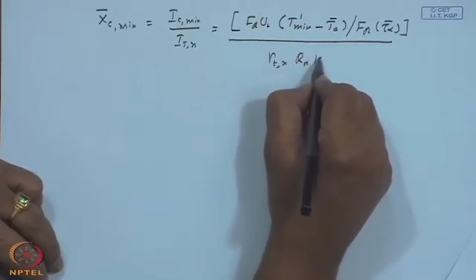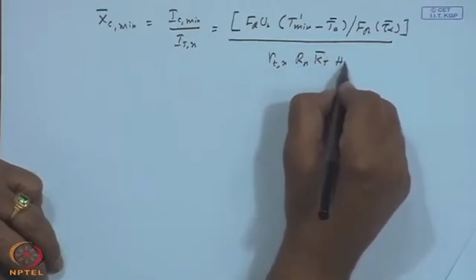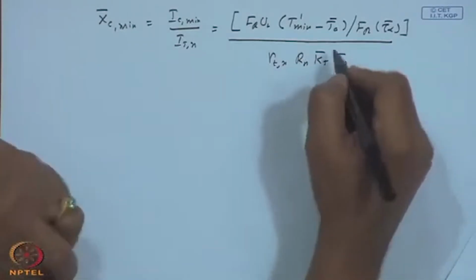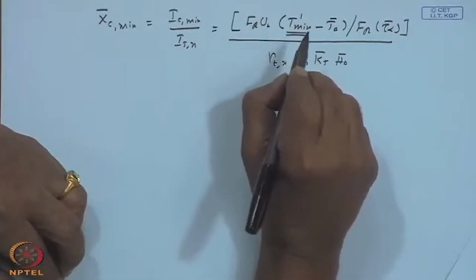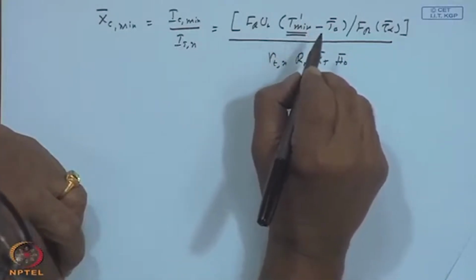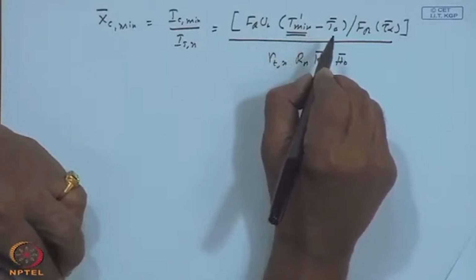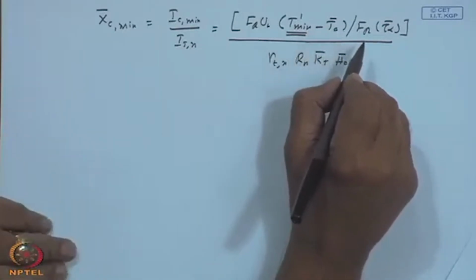This is nothing but the same previous definition, except I am replacing the minimum temperature at which energy delivery is desired by T minimum plus some delta T, because of the presence of the heat exchanger.